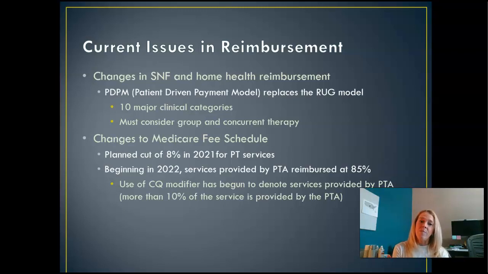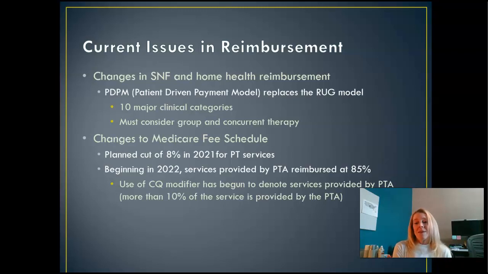And then another big thing was that in 2022, Medicare implemented a rule that PTA services would be reimbursed at 85% of what a PT service would be. So clinics are still trying to figure out a way to deal with this. Do they have the PTs treat all the Medicare patients so that they get full reimbursement? Do they split it up a little bit?